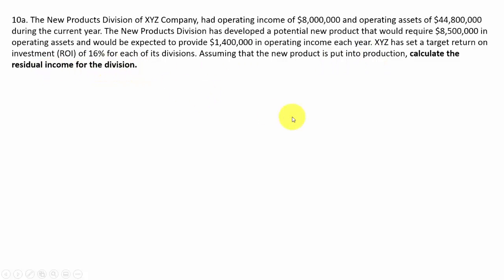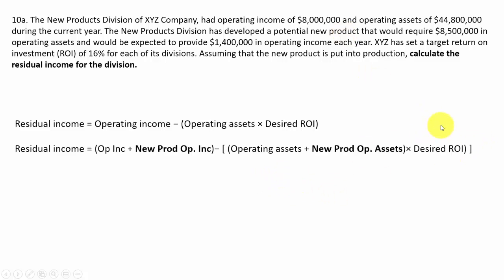So we're going to have a calculation just like we've had before. Residual income is equal to the operating income minus the operating assets of the division times the desired rate of return on investment. The only difference in this formula is we're going to add into this the pieces that relate to this new product that we're trying to put together. So our formula now changes to the following.